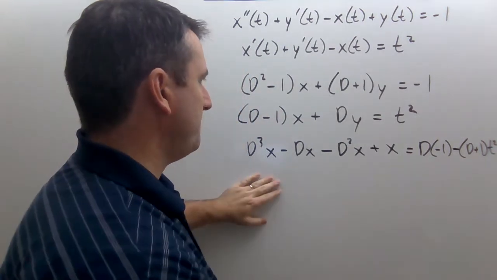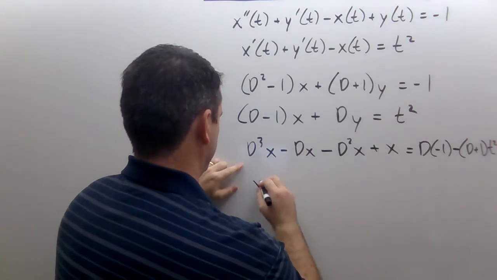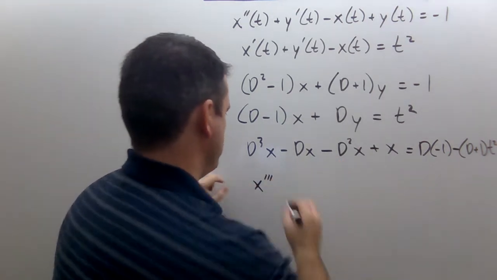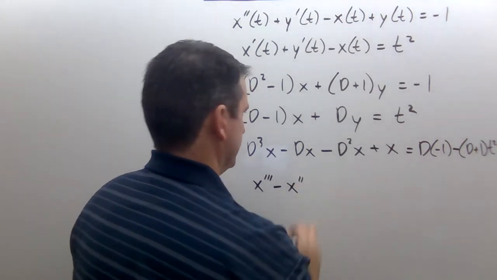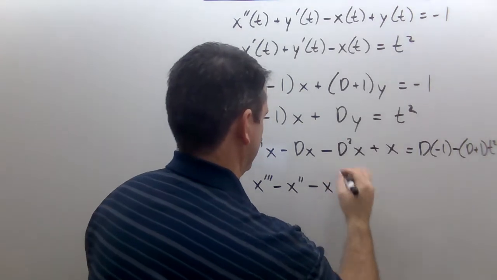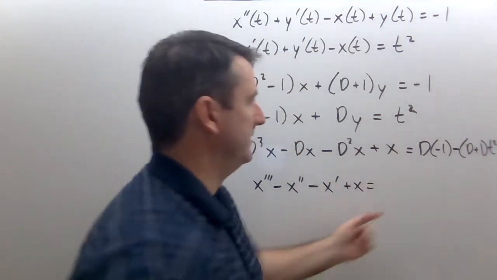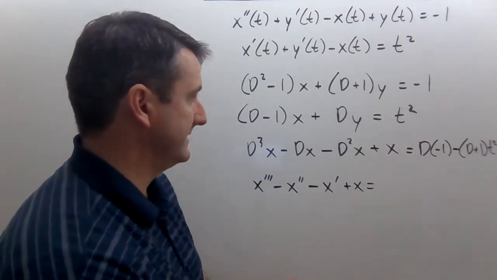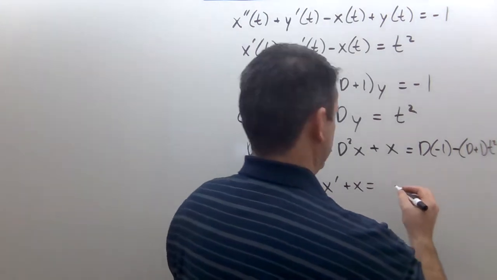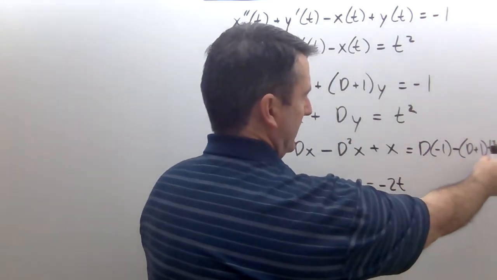All right. So this is the triple derivative of x minus the second derivative of x minus first derivative of x plus x is equal to the derivative of -1, which is 0, minus the derivative of t squared, which is 2t, so minus 2t, minus t squared.